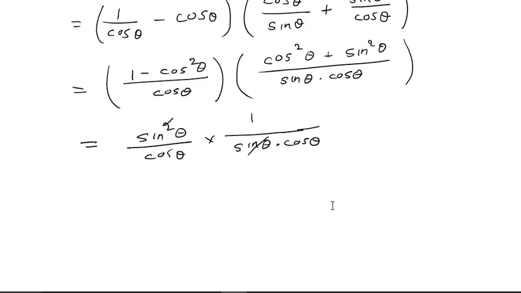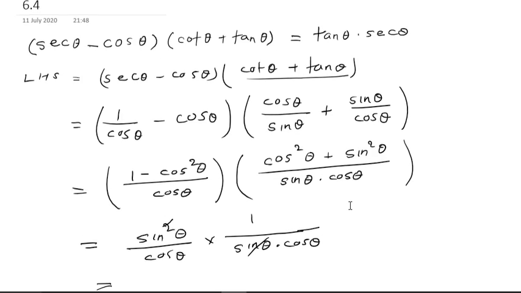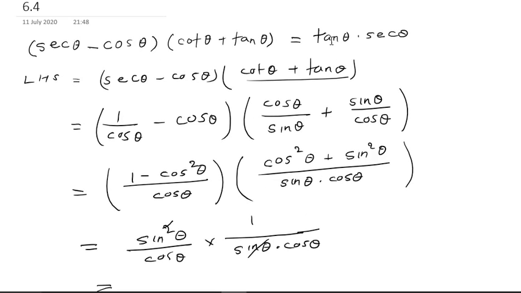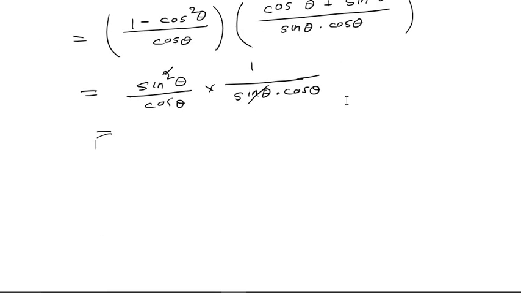So in the numerator I have sin theta, in the denominator I have cos theta, and here I have 1 upon cos theta. So sin theta upon cos theta I can write as tan theta. If you see what is in the right hand side, it is tan theta into sec theta. So sin theta upon cos theta becomes tan theta, and 1 upon cos theta becomes sec theta.